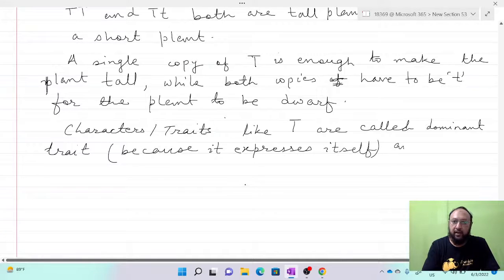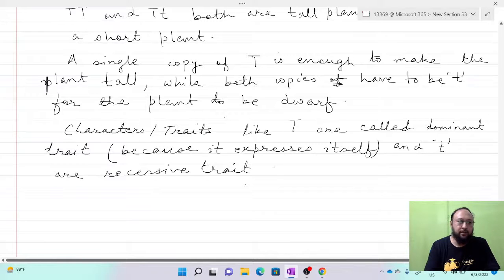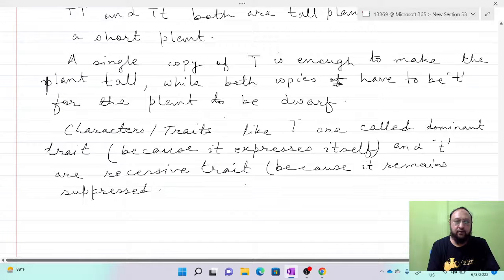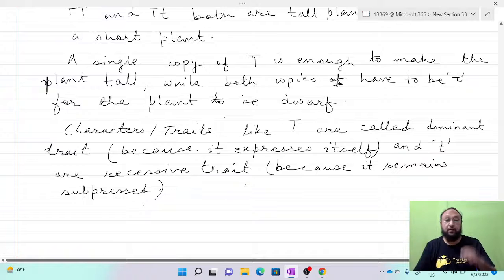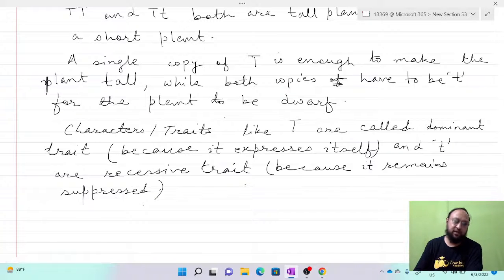And small t is the recessive trait, because it remains suppressed. So this was about his conclusion.